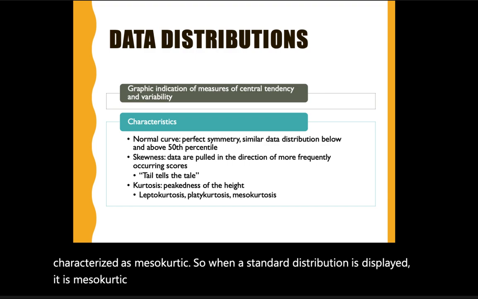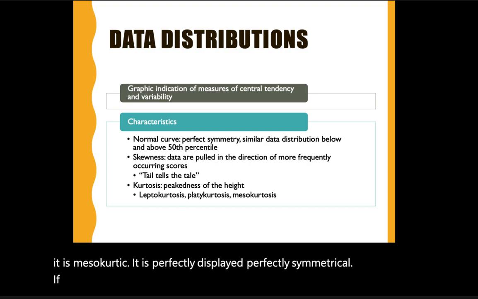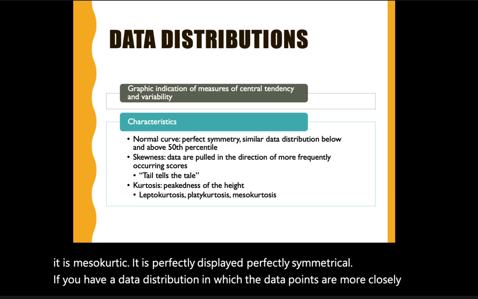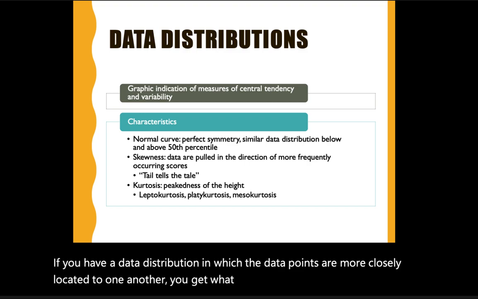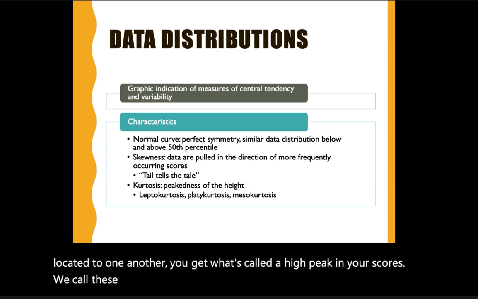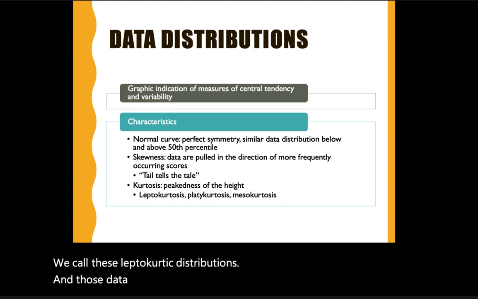It is perfectly displayed, perfectly symmetrical. If you have a data distribution in which the data points are more closely located to one another, you get what's called a high peak in your scores. We call these leptokurtic distributions. And those data points that are flatter across our x-axis are referred to as platykurtic distributions.